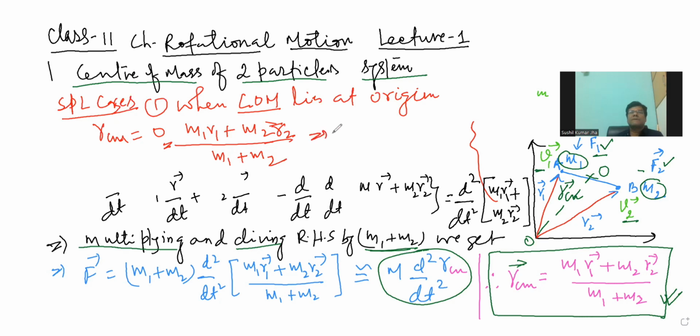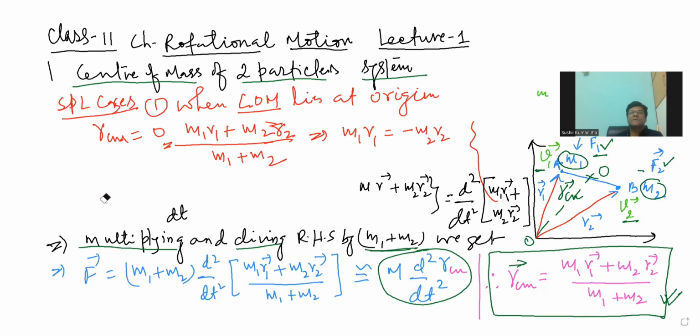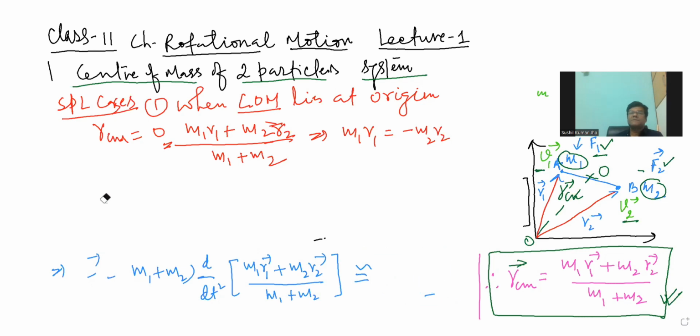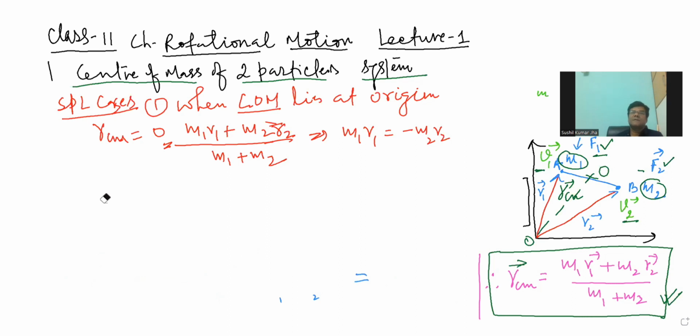So we can write m1 r1 is equal to minus of m2 r2, or m2 r2 is equal to minus of m1 r1. What we learned from this? It means one of the particles, m1 r1, is lying on one side of the origin, and this minus sign shows that m2 is lying on the other side of the origin.